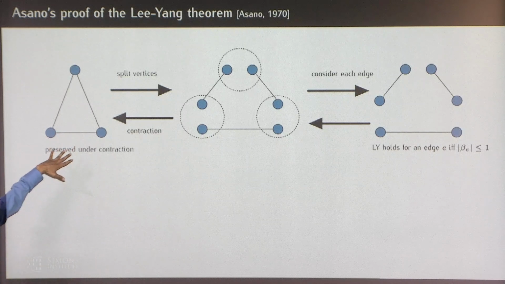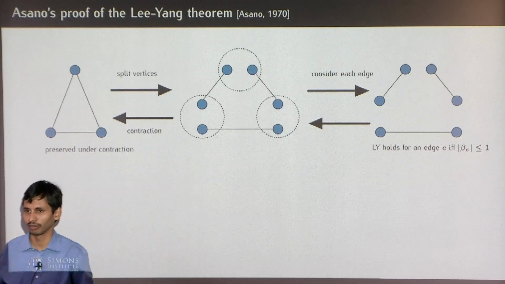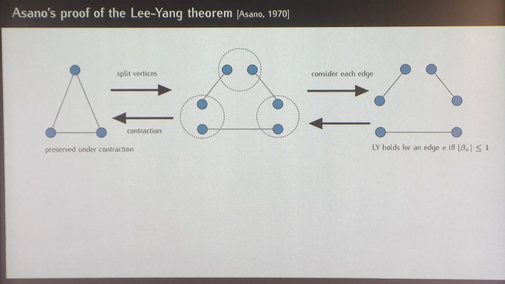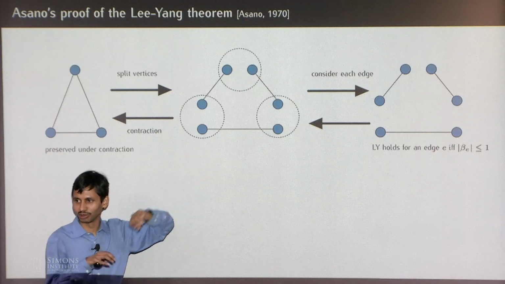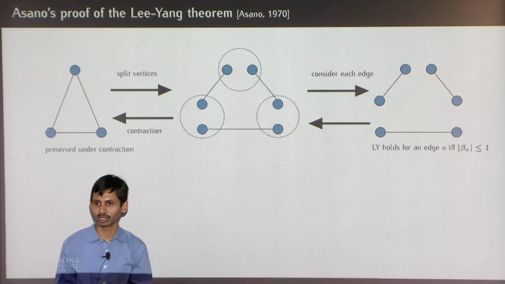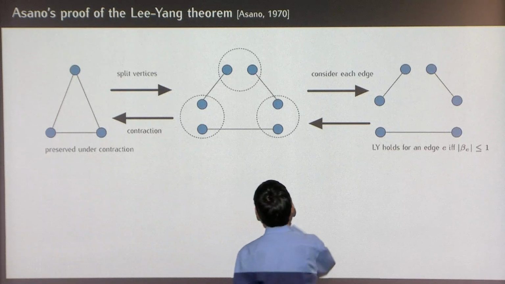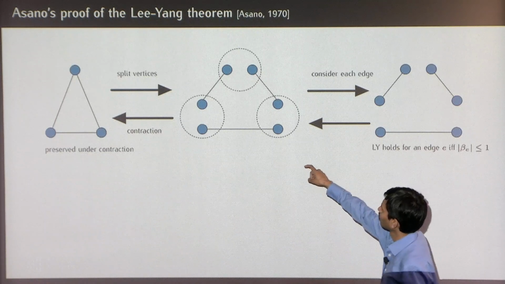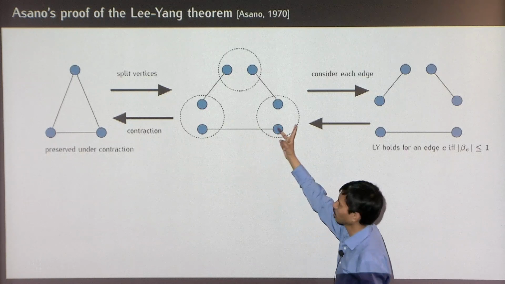It first thinks of each vertex as having been broken up. So each vertex has some degree d, and it's broken into d copies. You have the theorem for each of the single edges, and then it starts contracting vertices.